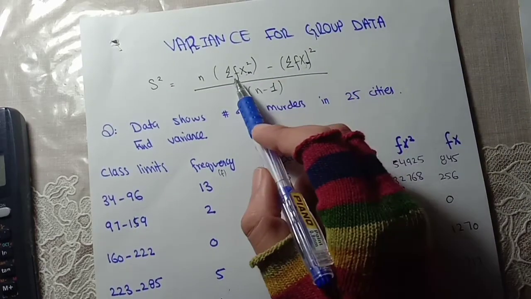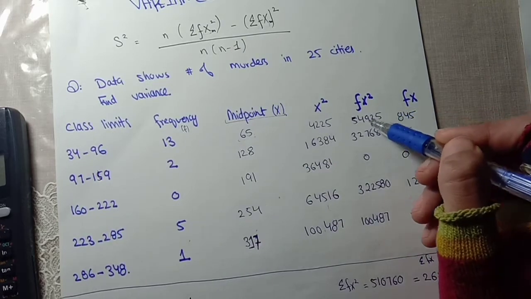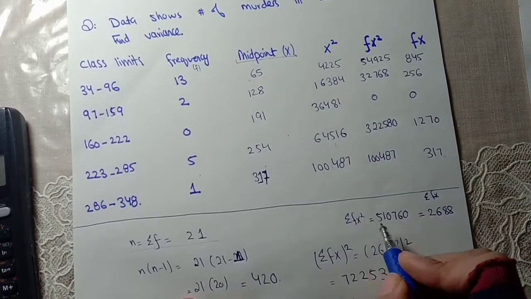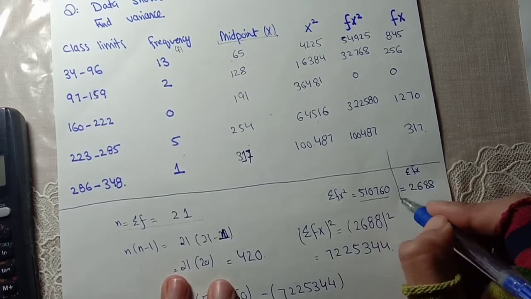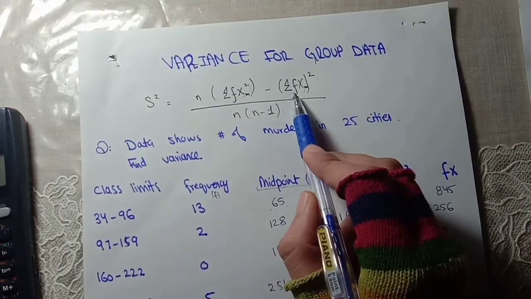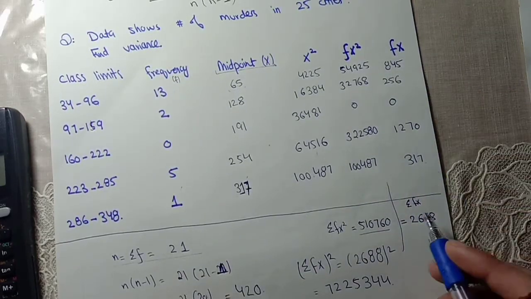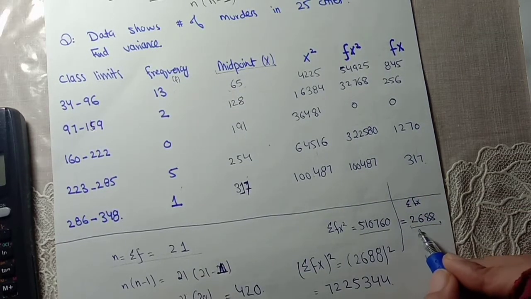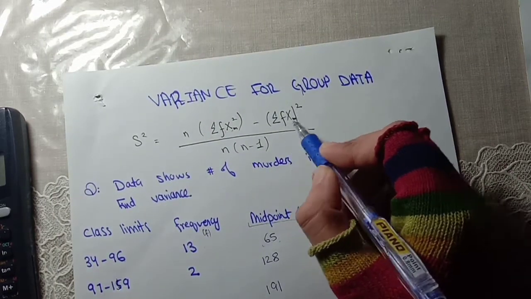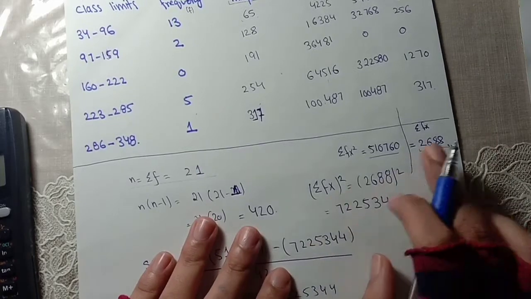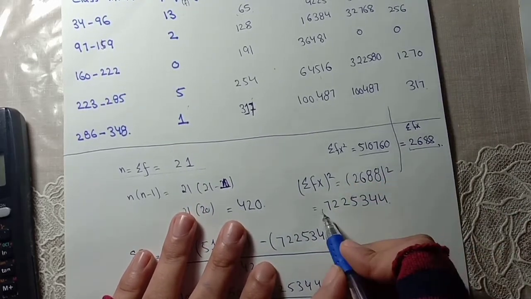We have the summation of fx square, and we have added them up, so this is the answer. And we have the summation of fx, so we sum up these values. This is the answer, 2688, and now we have to square it. I have squared 2688 here, it is this.